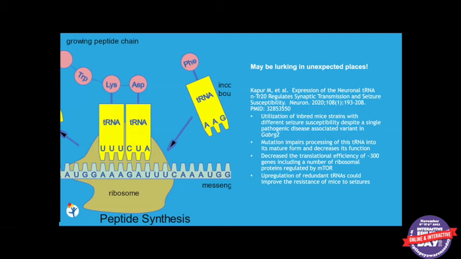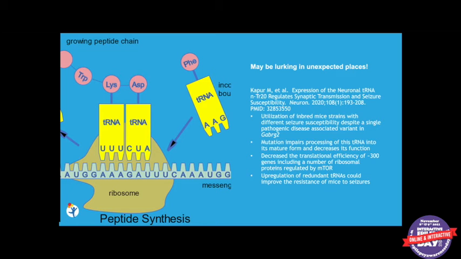And then the amino acid is brought in by something called tRNA, or transfer RNA, and that is added on to the protein chain in something called the ribosome, an organelle within the cell.